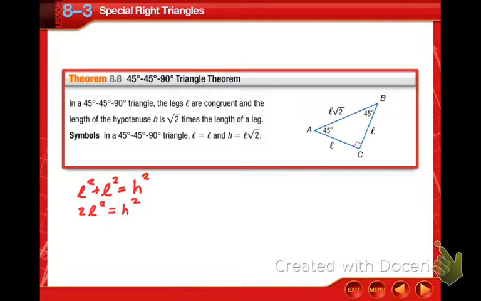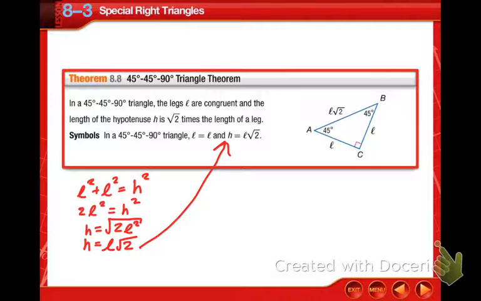Now what we would end up doing is square rooting both sides to get our hypotenuse. So H is equal to the square root of 2L squared. Because the L is squared, we can remove that, and H is equal to L square root 2, which, if you notice, is the formula they have right there.